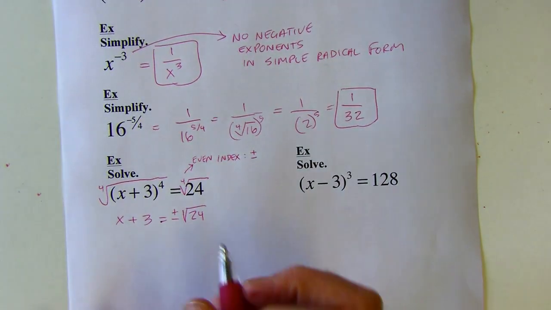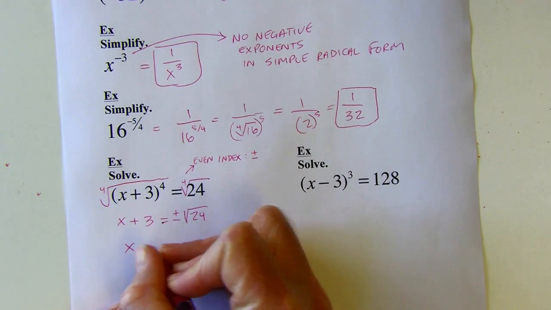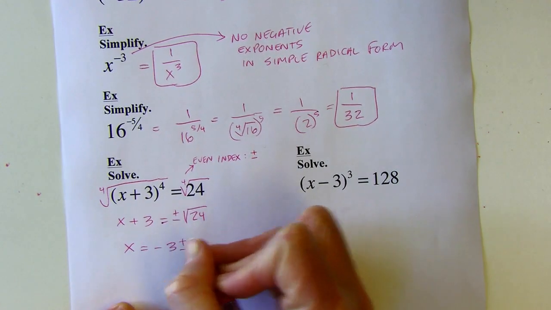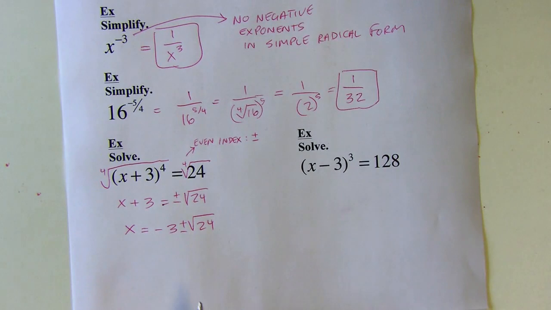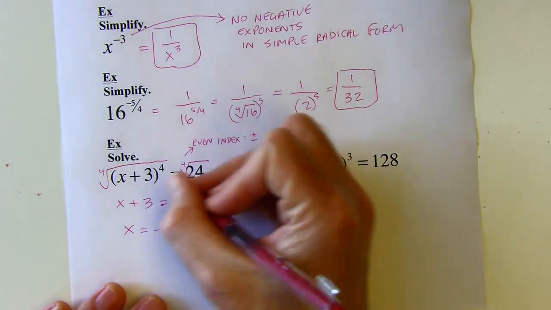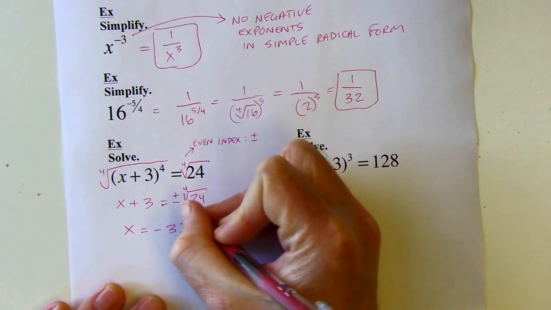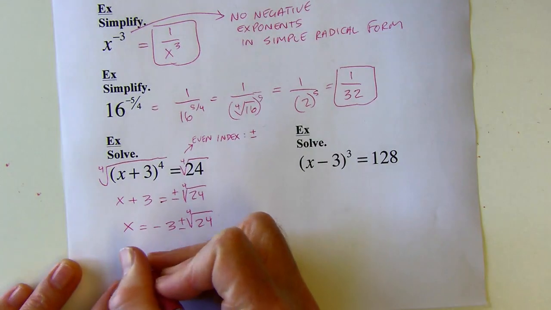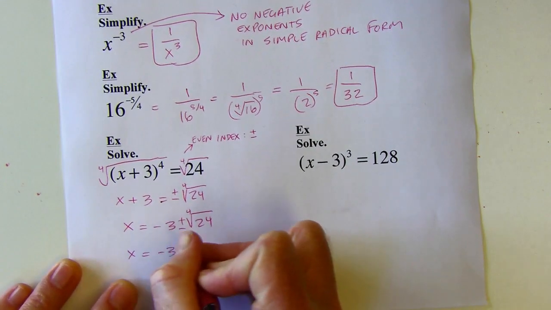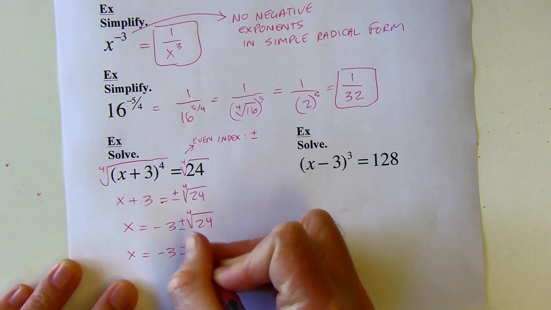So I'm going to isolate the x here. Okay, I've got it like that now, and now I'm going to start putting this, oops, I forgot the fourth root on both of these. I'm going to start trying to put this in simple radical form. Okay, so I'm going to break apart the 24.